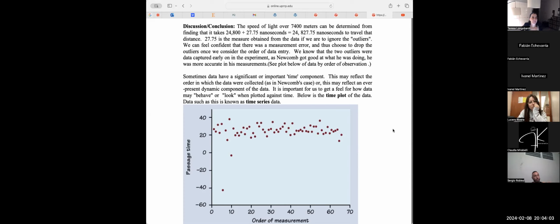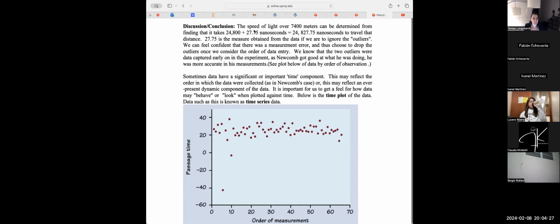They did it from a distance of 7,400 meters, and they found basically it takes 24,800 nanoseconds, but there's some variation.